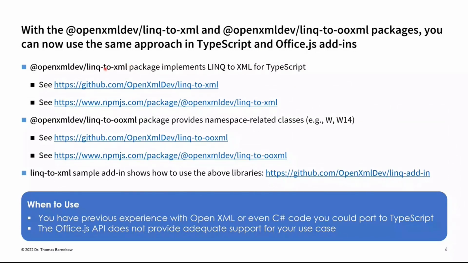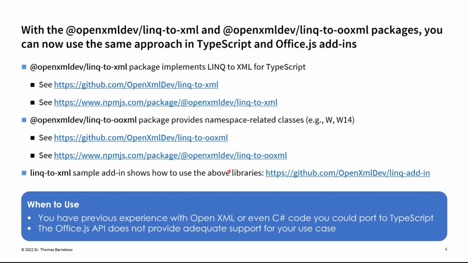So the linq-to-xml, you would see the library in GitHub and the npm.js package, and then the linq-to-ooxml or OOXML package, again hosted in the Open XML dev organization, and the same on npm.js. And then lastly, the linq-to-xml sample add-in that shows how this is used and which I'm going to demo next.